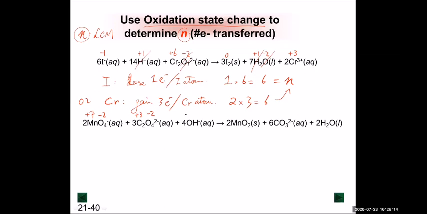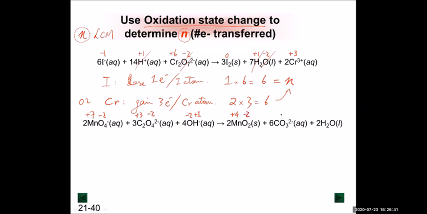In the hydroxide, oxygen is -2. We actually start from hydrogen, hydrogen +1. And in manganese(IV) oxide, the Roman numeral is the oxidation number, so that already tells you the oxidation state.